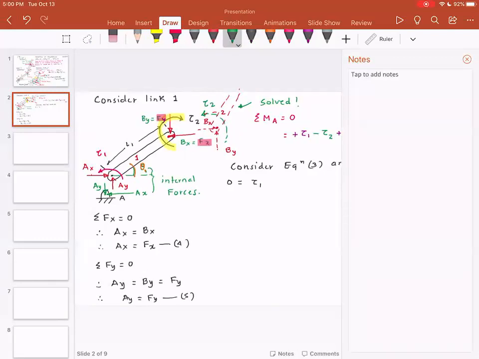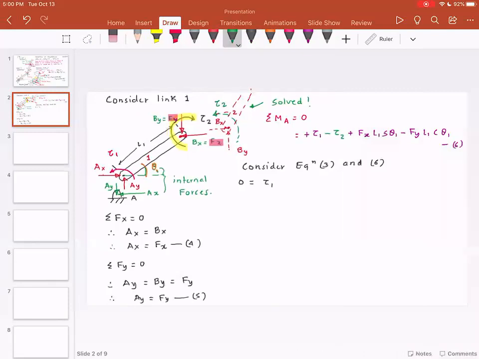What you will see is you would have an equation for tau 1 and tau 2 in terms of f of x, f of y.